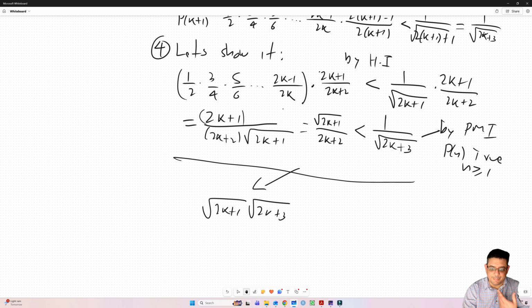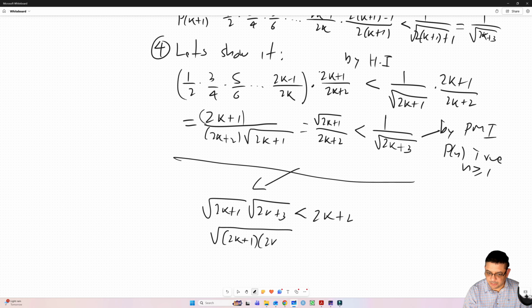So we're doing it backwards. So this needs to be less than 2k plus 2. But this is just the root of 2k plus 1 times the root of 2k plus 3 less than 2k plus 2. And this is just to show that this is true.